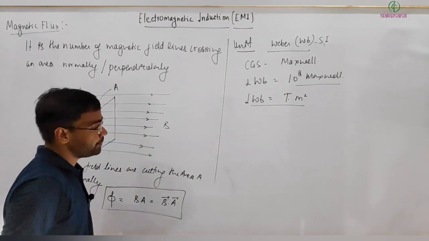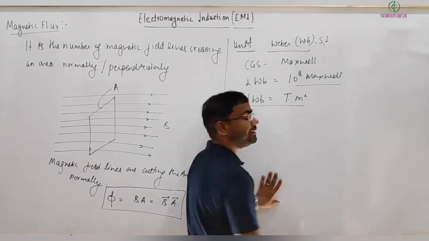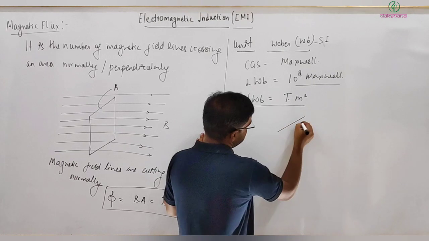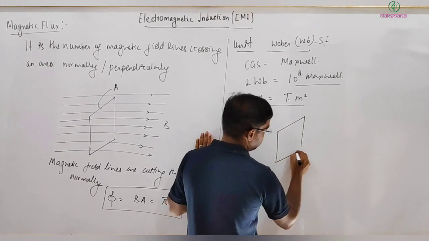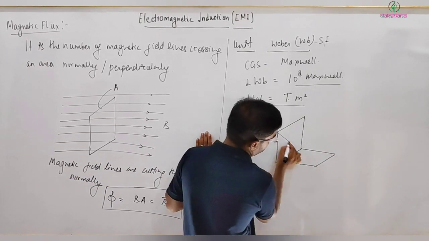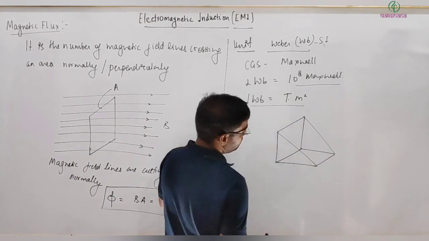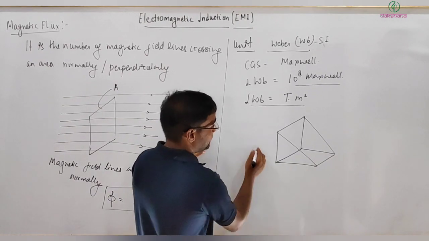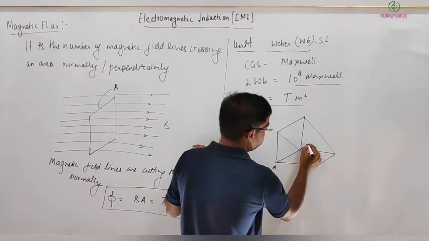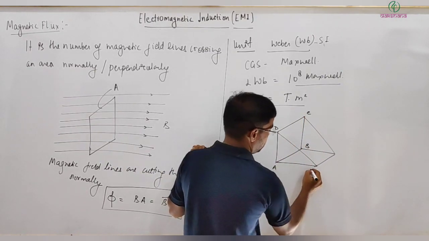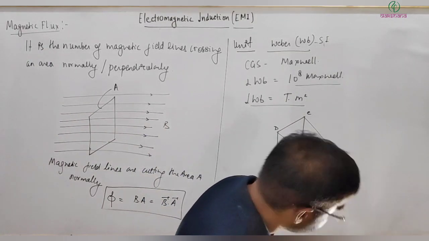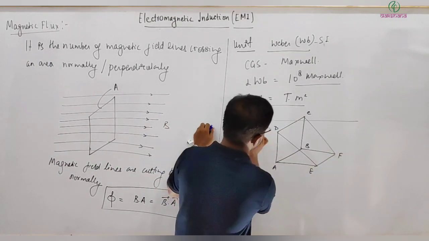Next point: suppose magnetic field lines are not crossing an area normally. Just imagine this situation. Let's say we have this plane with points A, B, C, D, E and F, and magnetic field lines are crossing it like this.